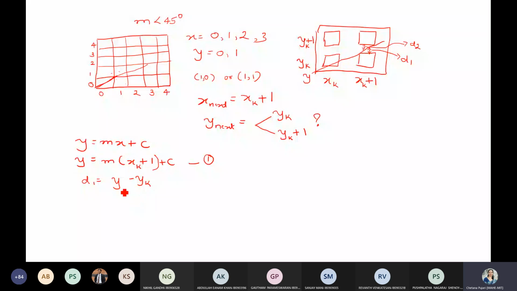This is yk, whereas this represents yk plus 1, and your line represents y. So y minus yk will give you distance d1. Similarly, d2 is calculated by making use of yk plus 1 minus y.